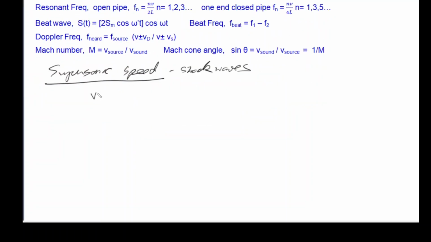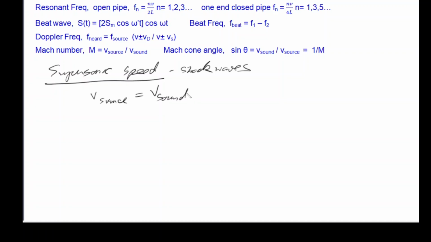Now let's look at supersonic speed, and we'll get into shock waves too. So if a source is moving towards a stationary detector, again, your ear, at the speed of sound, and let's say that's a jet, then the velocity of the source is equal to the velocity of sound.